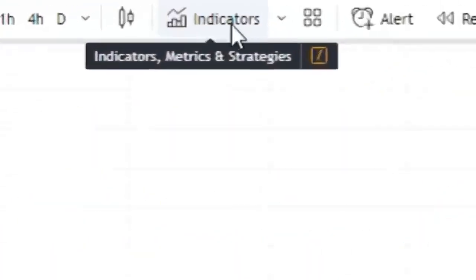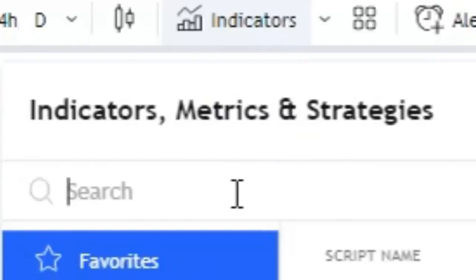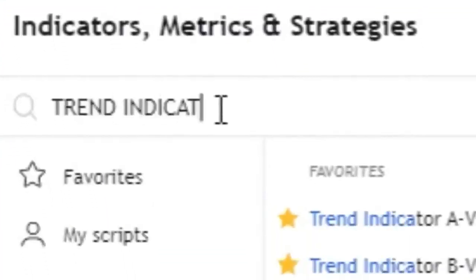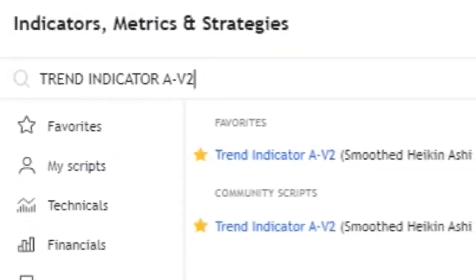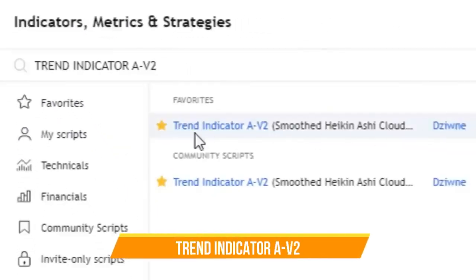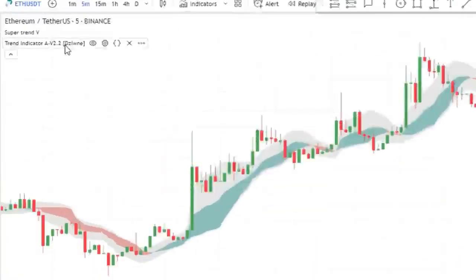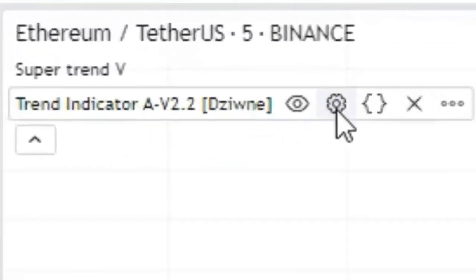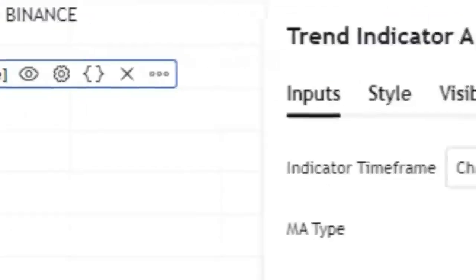Now let's head over to the indicators section and search for the trend indicator A-V2 and add this indicator to your trading setup as well. Next, go to the indicator settings and set the indicator time frame to chart.